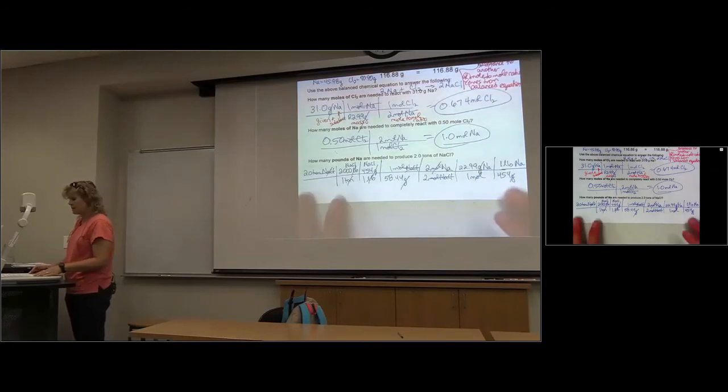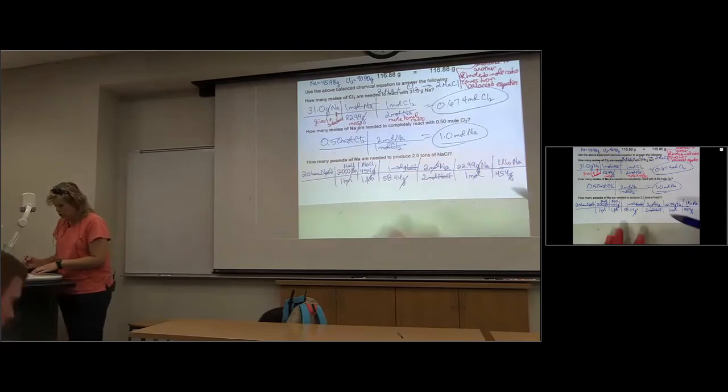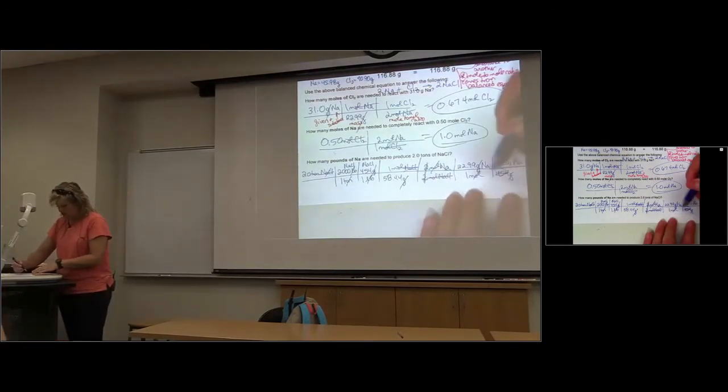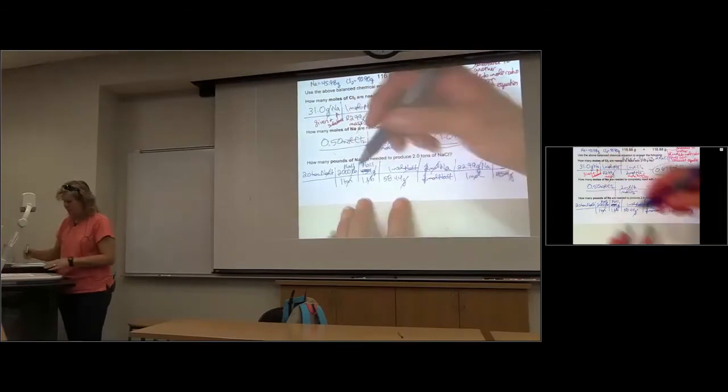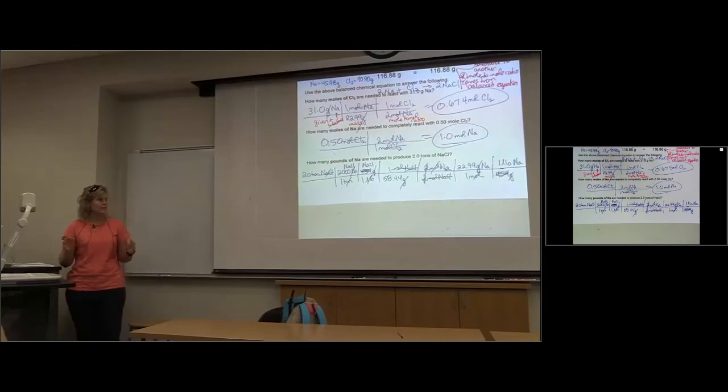If you wanted to not put as many things in your calculator, you could cancel the 2's, and you can also cancel the 454's. It doesn't matter if you do that or not. It's just a mathematical shortcut if you wanted to. What do you get on your calculator?